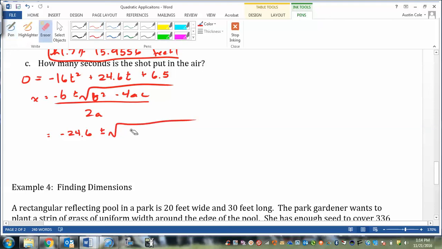That's a big one. Give me like 600 something. Grace, what do you get? 605.16 minus 4 times my a value, which is negative 16, times my c value, which is 6.5, all divided by 2 times my a value, which is negative 32.